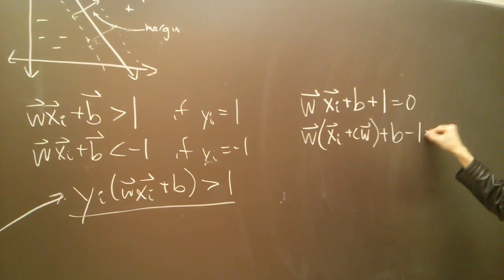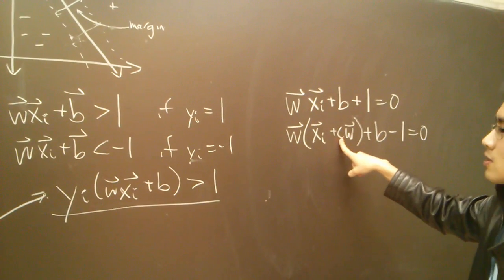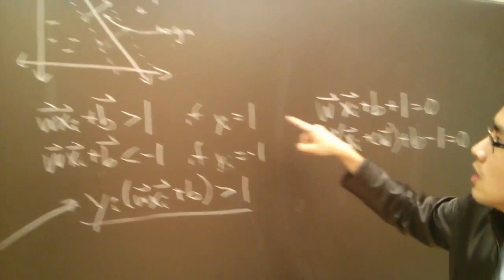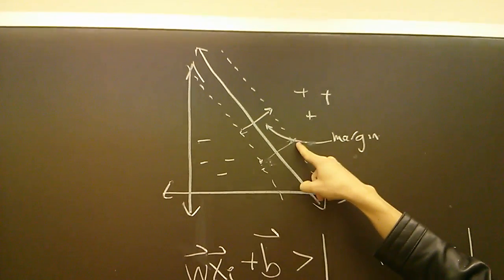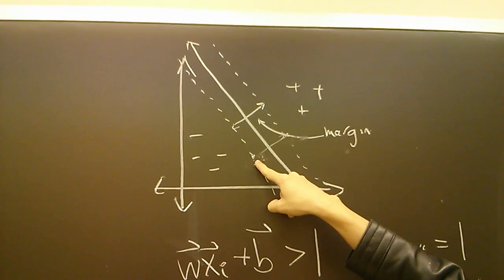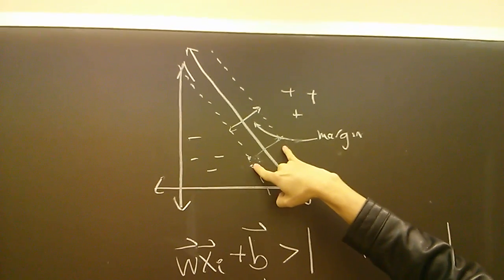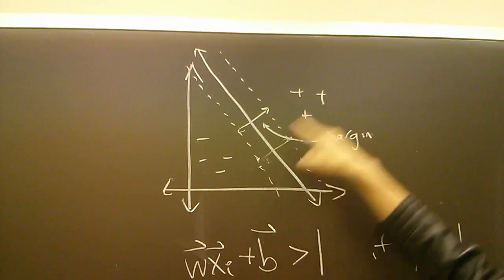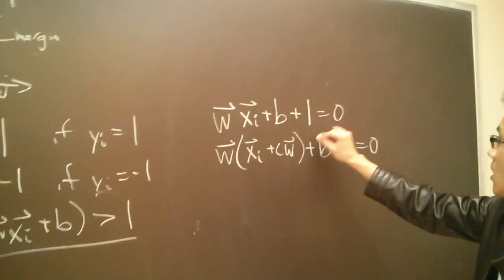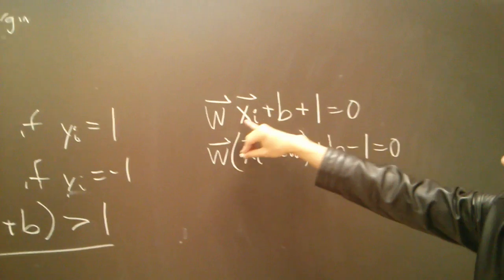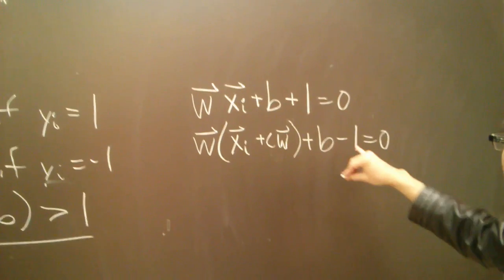Okay. Now, why is there a cw here? The w is a vector which is normal to both of the hyperplanes, and then the c is the multiplier which just brings us from one hyperplane to the other. So really, we want to find the length of c. If c is longer, then the margin is going to be larger. Okay, so we want to find out what c is with respect to w and b.